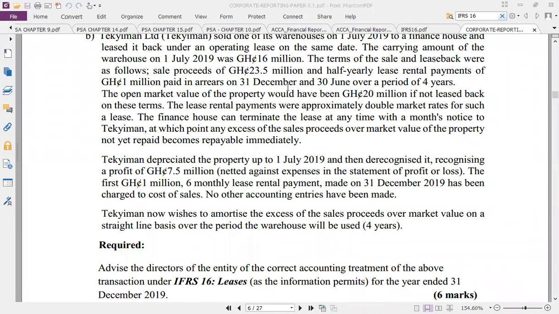Okay, so let's see the sale amount. It was sold for 23.5 million. So therefore, we need to amortize the excess of this over the fair value. So 20 versus the 23.5, the excess. So the deferred profit should be the excess of the proceeds.